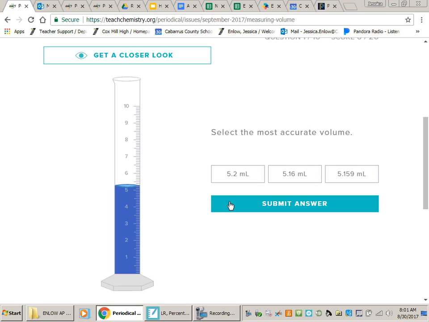So you guys are realizing the uncertainty is supposed to be what? What's kind of the definition they gave you on the first part? Half the distance between the two graduations that are right next to each other. So if it's a 10 milliliter graduation, then the uncertainty would be plus or minus 5 milliliters because they had to kind of split the difference.